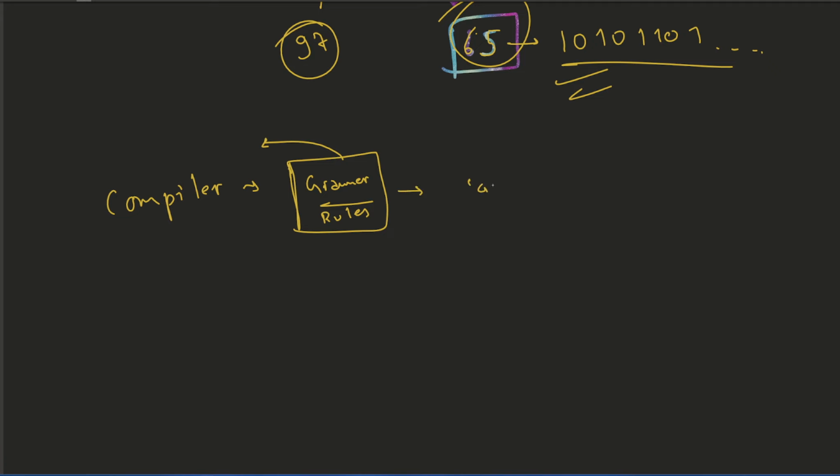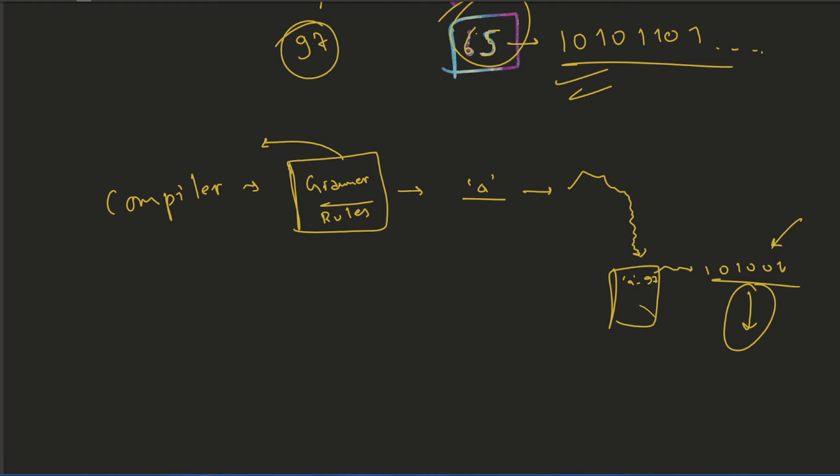As soon as it sees a, it checks the grammar and sees that a is mapped to 97, and then I can convert this 97 to 10101001 for better memory optimization. That's exactly what your computer understands, not this, but this thing.